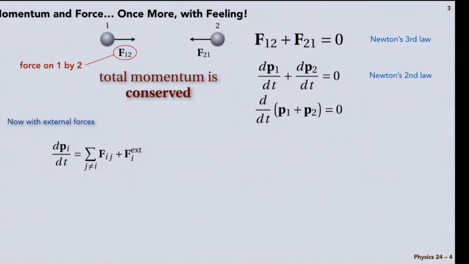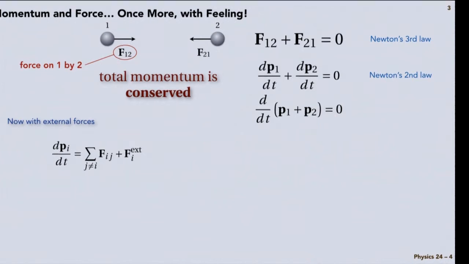So I'm going to consider the time rate of change of the momentum of particle i. So dp_i/dt, well, that is caused by all the forces on particle i. So that includes the force from every other particle in my system, j, plus whatever external forces are applied to i that come from outside the system.